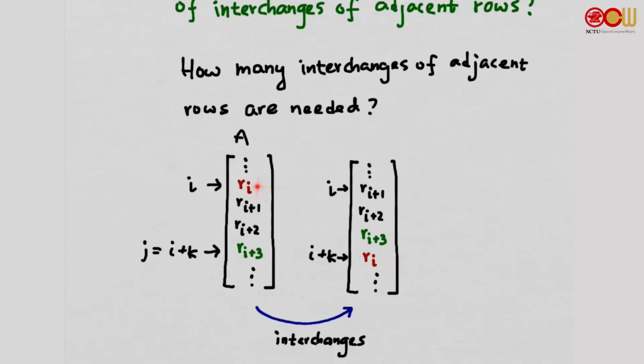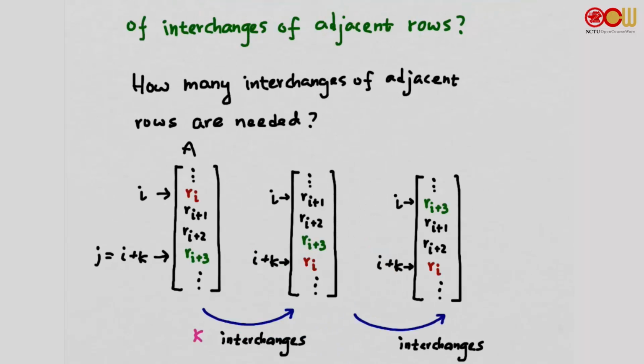So if we want to bring the ith row to the jth row, how many interchanges do we need? Every time we do one adjacent row interchange, row i will come down by 1, right? And in order to bring it to the jth one, which is k rows away, how many interchanges do we need? We will need k interchanges. Now that we have the ith row in the jth row position, we need to bring the jth row to the ith row.